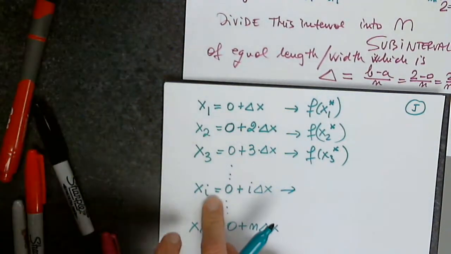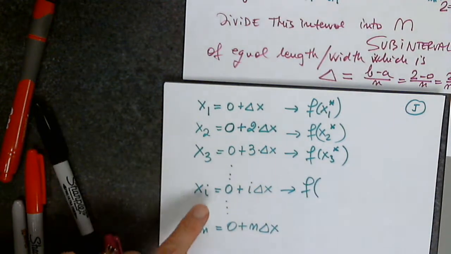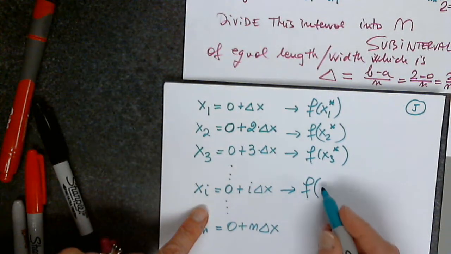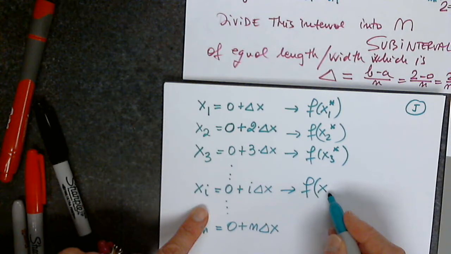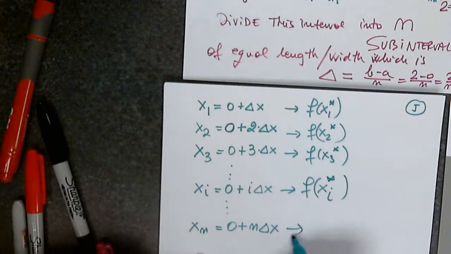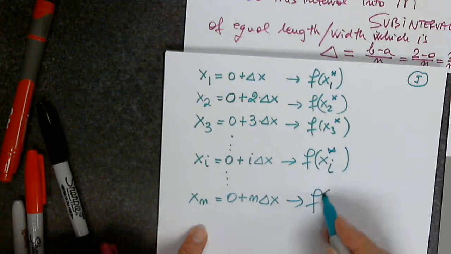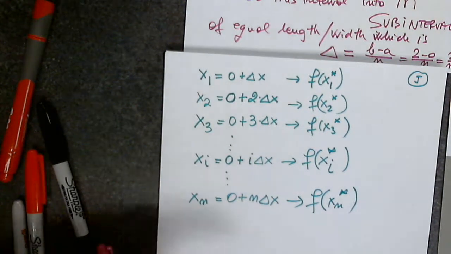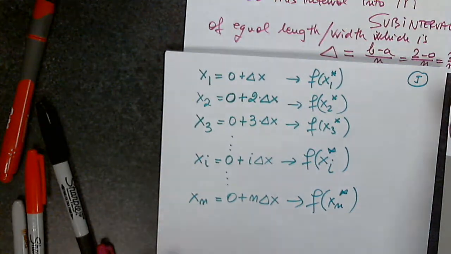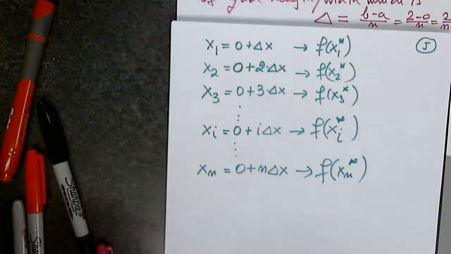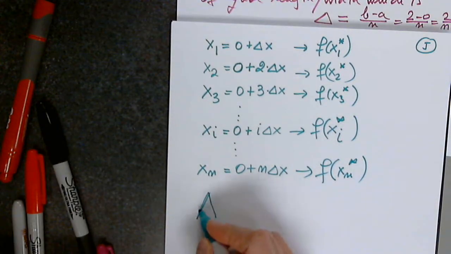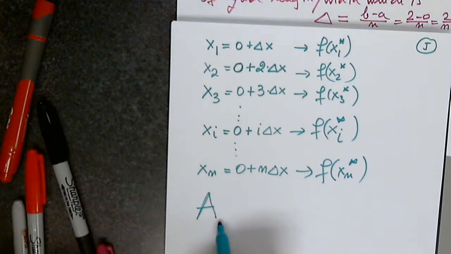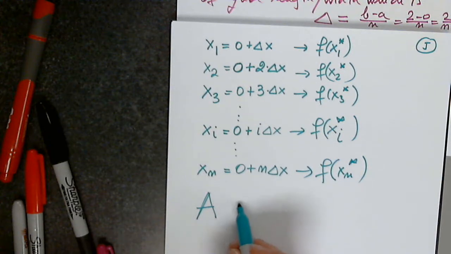What will be here? F of xi star. And what will be here? Very good. Excellent. So now, again, I would like to determine, notice that I am not putting leftmost point, rightmost point, or midpoint. Notice that I'm not going to put the approximation symbol.